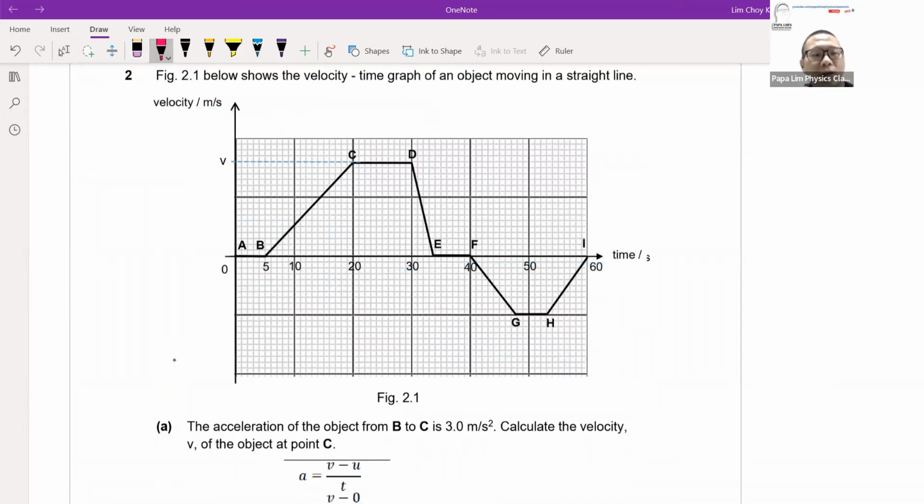Now the object is traveling from B to C at 3 meters per second squared. There's acceleration. This is B to C. When we say acceleration for B to C, looking at the velocity time graph, I'm actually referring to the gradient of the graph at BC.